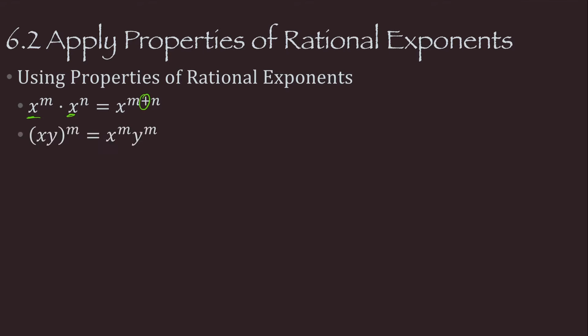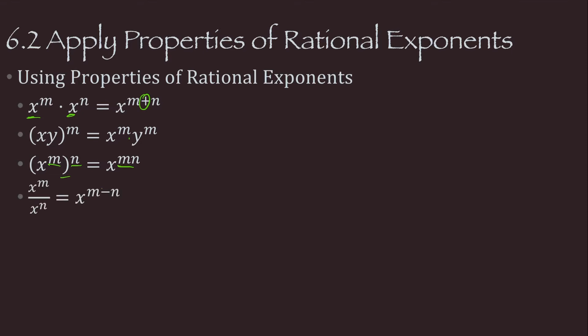If you have two different bases multiplied together, so x times y to the m, you distribute an exponent through multiplication. If you have exponent parenthesis exponent, multiply the exponents. And then the same idea is for division.